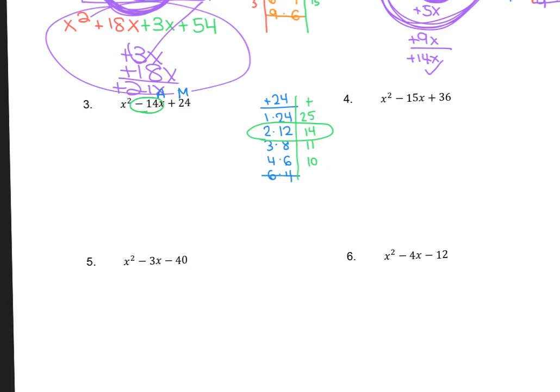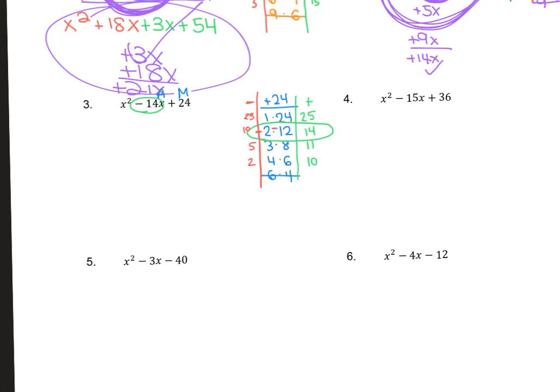That must mean I have a negative 2 and a negative 12. Well, hold your horses. Let's just make sure when I subtract I don't get any 14s. Here I get 23. Here I get 10. Here I get 5. Here I get 2. Okay, so it's not a subtraction problem.